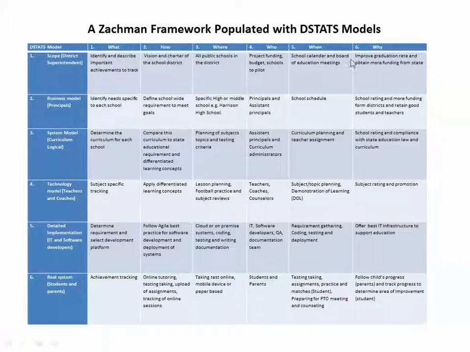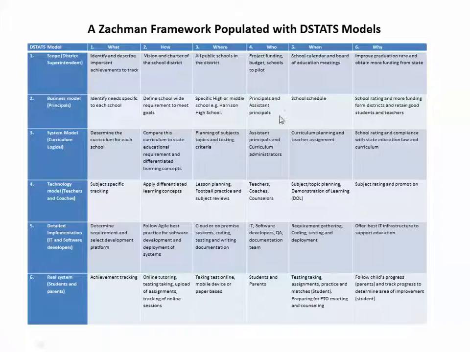If we focus on the Why column because of time constraint, you would see that the district superintendent wants to improve graduation rate and obtain more funding from the state because his school district is doing better. The principal would want his own school to rate higher and get more funding from the district for his school.